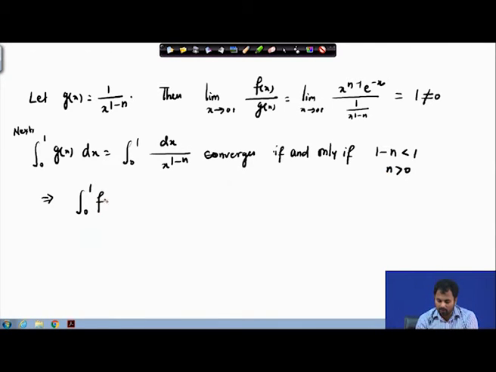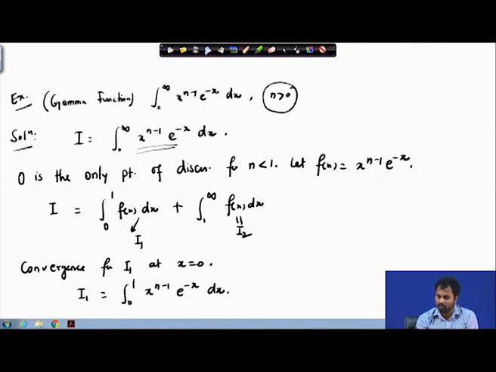That means the integral from 0 to 1 of f(x) dx is convergent for n greater than 0. So, even though at x equals 0 we had a point of infinite discontinuity for n less than 1, we are able to show that the integral is convergent.